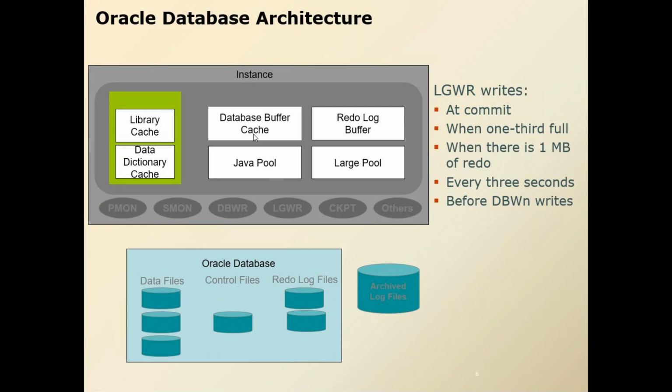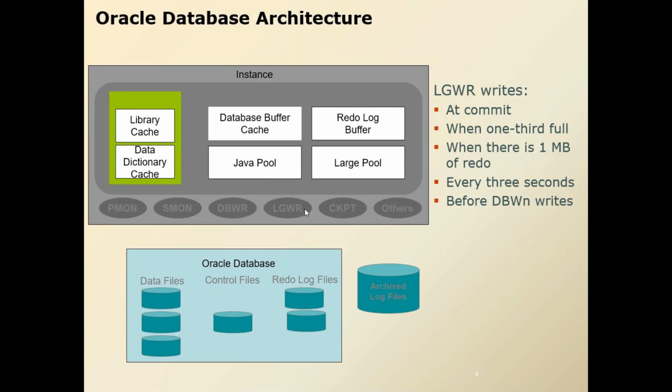Before that change could be written to the data file using the database writer process, a copy of that change gets written into the redo log buffer, and then that information gets written to the redo log file using the log writer process.